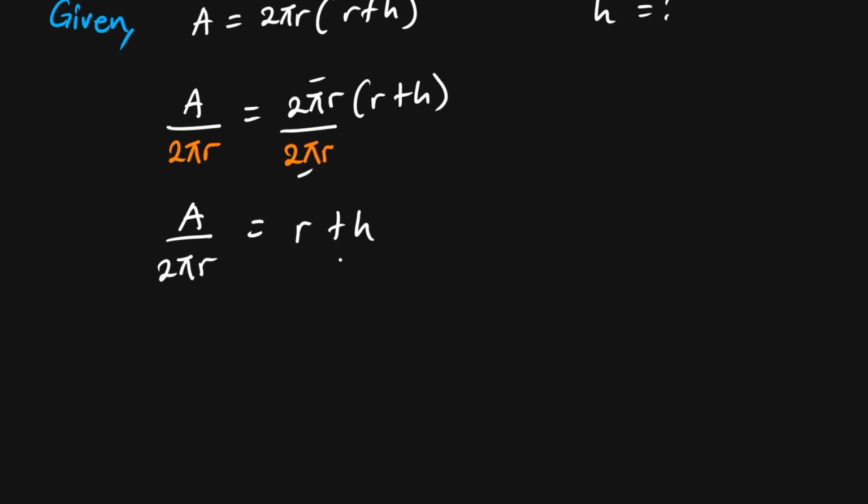And to make h the subject of the formula, we have to move r to the left-hand side. To do so, let's subtract r on both sides. So this will become a over 2 pi r minus r equals r plus h minus r.